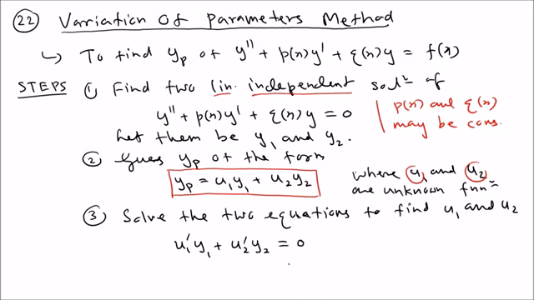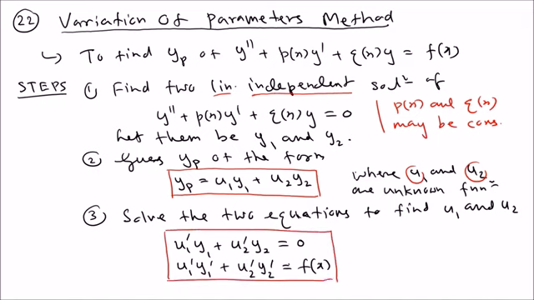That's one equation. The other equation is u1' y1' + u2' y2' = f(x). That's always the case. So the goal is to solve these two equations and find u1 and u2, and then plug them in to get yp. That's how you find the solution.